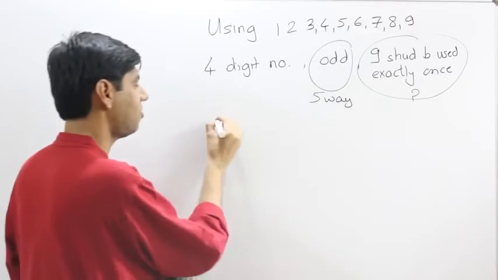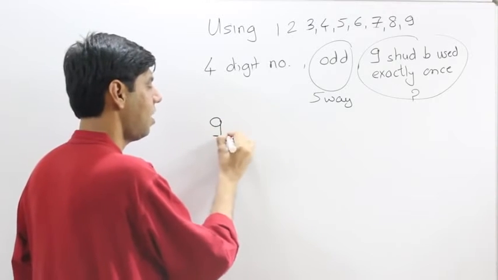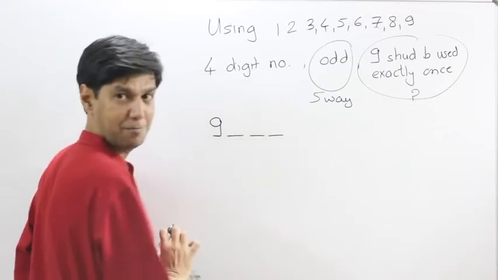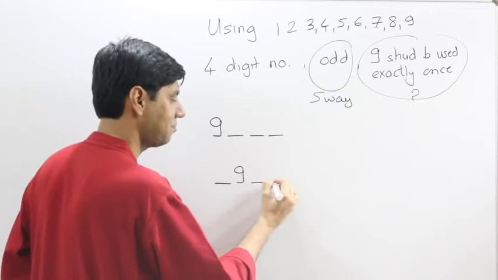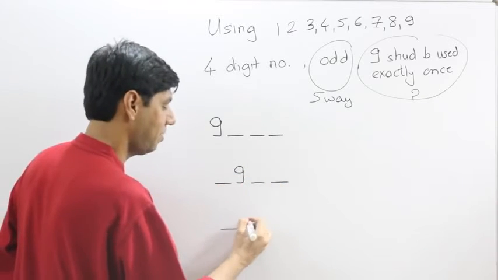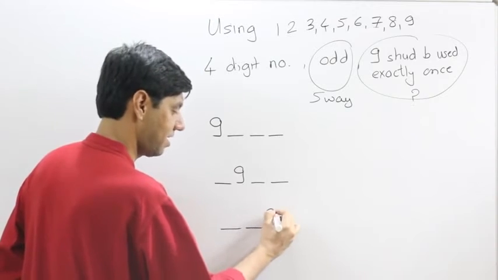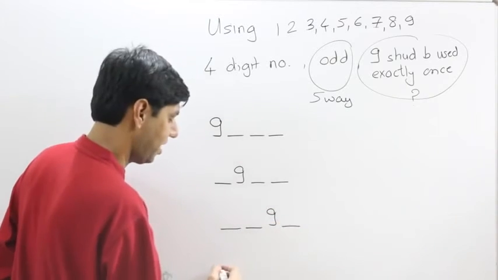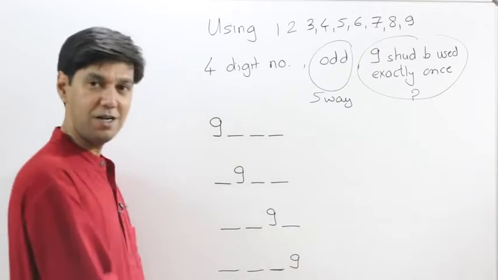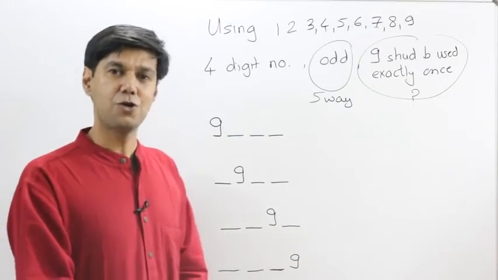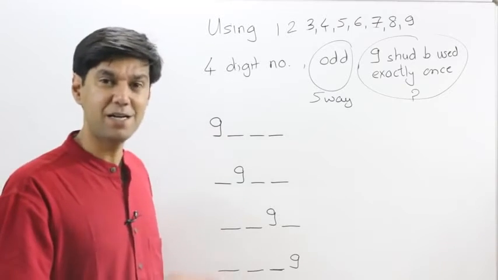So make different possibilities. 9 could be in the leading position, or in the hundreds position, or in the tens position, or in the units position. Is this making it odd? Yes. So can we not just break it into 4 cases?